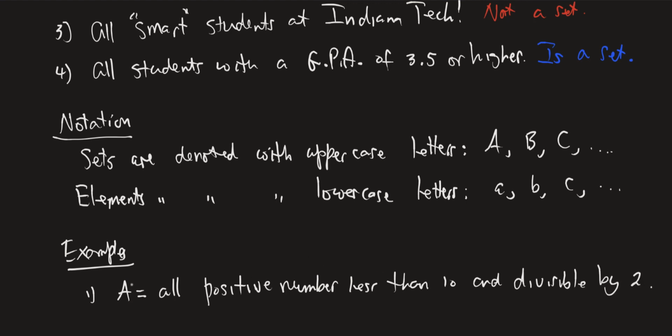So this is the name of the set, and here I'm describing the set in words. I'm describing it verbally. All positive numbers, I forgot my S there, less than 10 and divisible by 2.